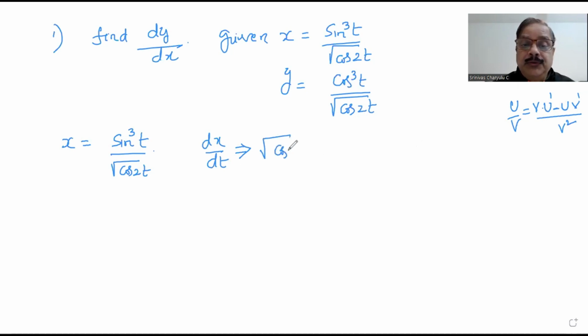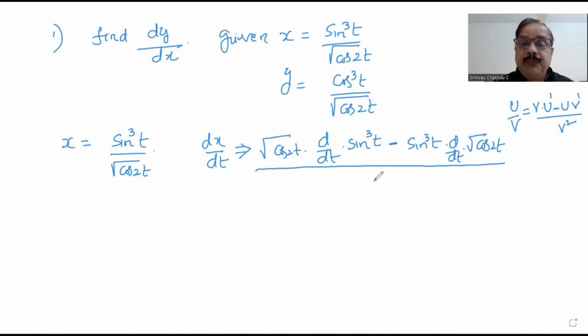Root of cos 2t into d by dt of sine cube t minus sine cube t into d by dt of root of cos 2t, whole thing divided by root of cos 2t whole square. So this formula as it is we applied: denominator into differentiation of numerator minus numerator into differentiation of denominator divided by denominator whole square.